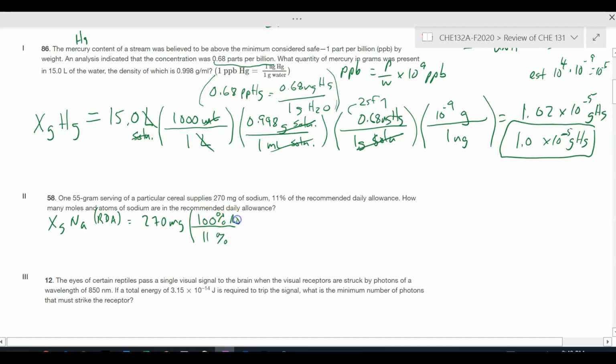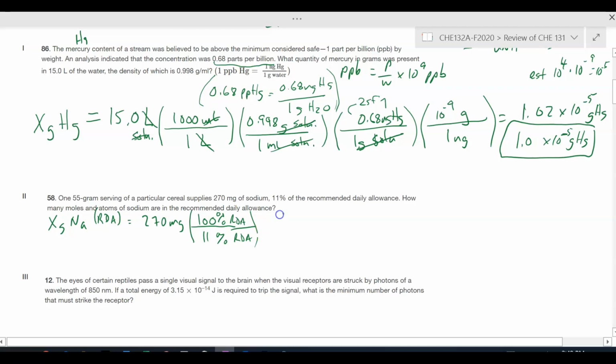That's 100% of the RDA and 11% of it. That's a conversion factor I'm making based on that amount being 11% of the recommended daily allowance. So this is a weird conversion factor because top and bottom units will cancel out, but we'll still have milligrams.